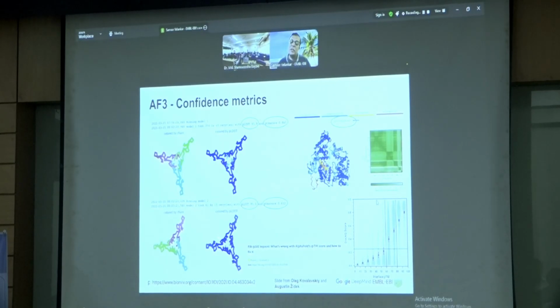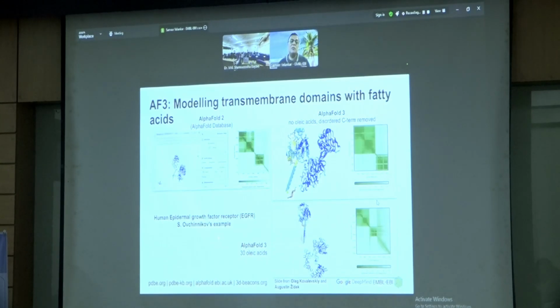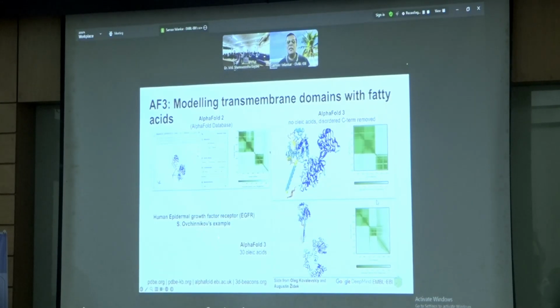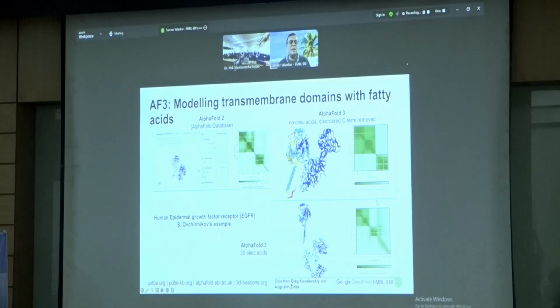And so one of the things to remember about AlphaFold 3 is that it's very sensitive to its context, right? And the reason being, it's trying to get the whole structure. So the more it knows about the structure, the better structure it is going to get. And so if we see, for example, this transmembrane domain, AlphaFold database has this structure, AlphaFold 3 has this structure.